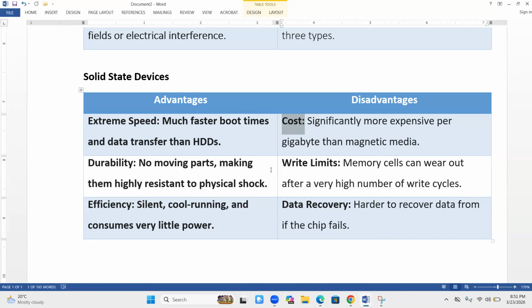So these are the disadvantages of solid state devices. Is it clear now?